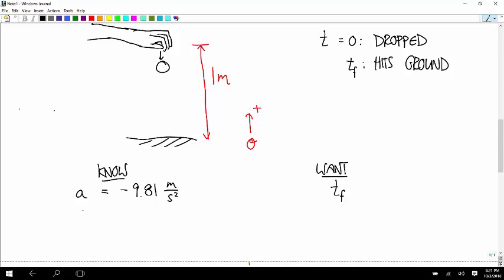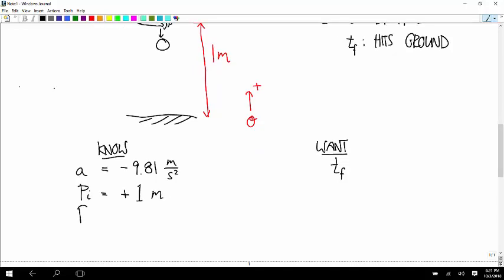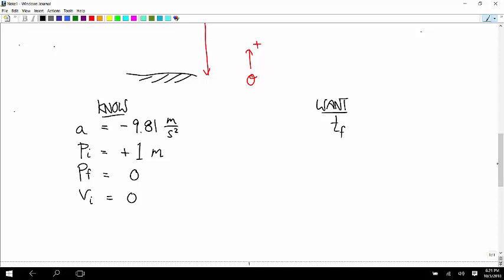The initial position, the height of the ball when it's dropped, is 1 meter in the positive direction from 0, so that's going to be positive 1. The final position is the ground, so that's 0. The initial velocity is the velocity of what it's dropped from, and that's not moving, so the initial velocity is 0. And we don't know the final velocity, but we're not looking for that.